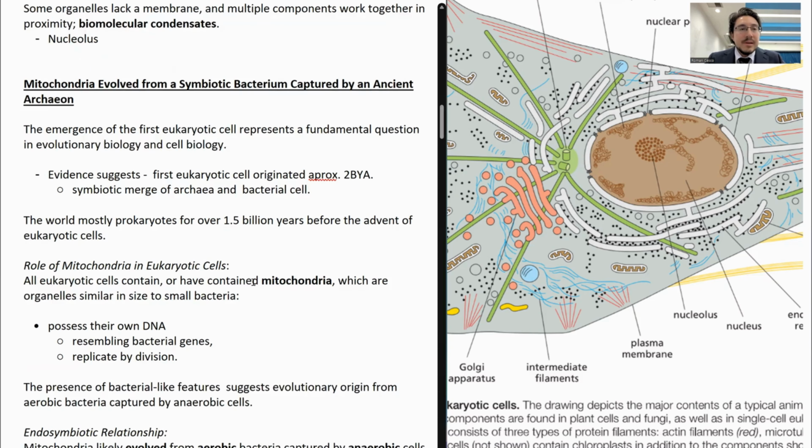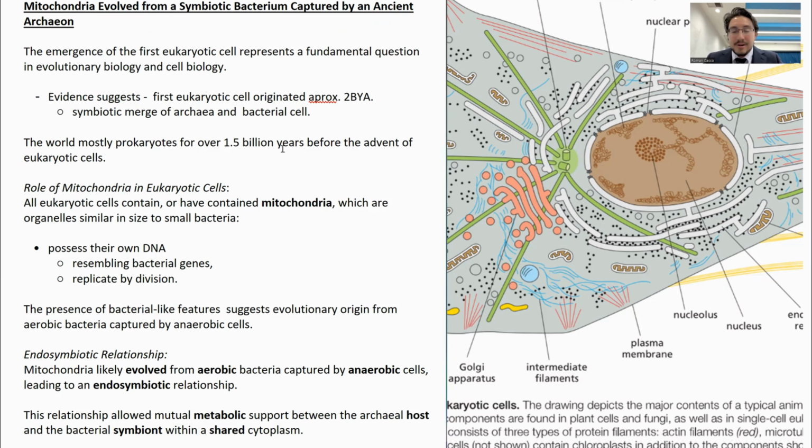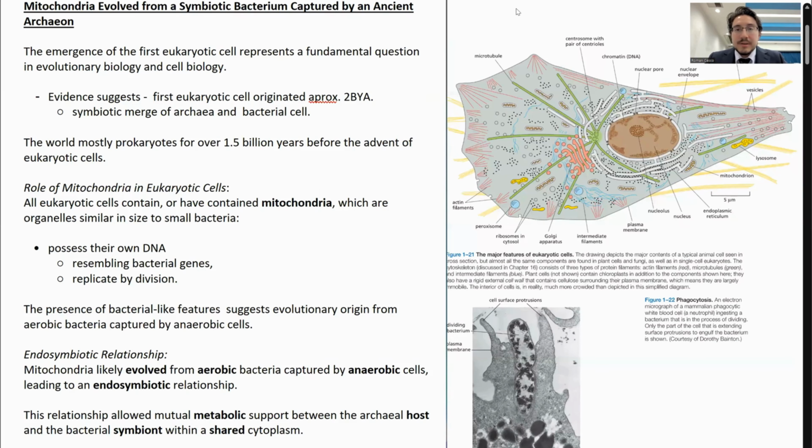All right, so talking about mitochondria. Mitochondria evolved from a symbiotic bacterium captured by an ancient archaean prokaryote, or archaea. So let me just go a little bit down here so you can see.